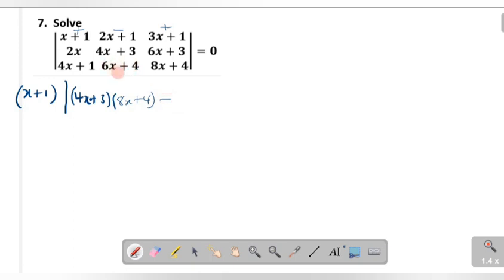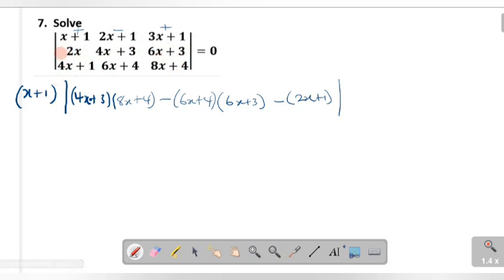Minus, then you multiply this by this again, so you have 6x plus 4 times 6x plus 3. Then you come to this place, take the minus sign, then you write 2x plus 1 into, then this time you are cancelling the first row and the second column, so you'll be left with this and this.